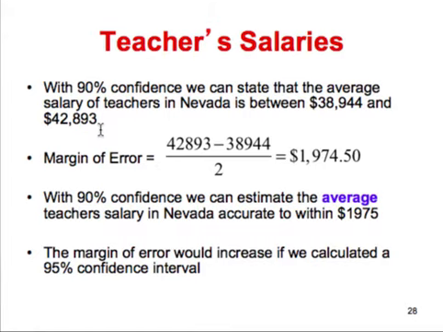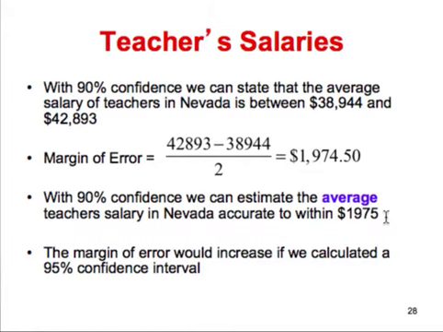The margin of error is found by calculating the width of the interval and dividing by 2, as described in the previous slide, and it is 1,974. We interpret this as, with 90% confidence, we are able to estimate the average teacher's salary in Nevada accurate within $1,974.50.